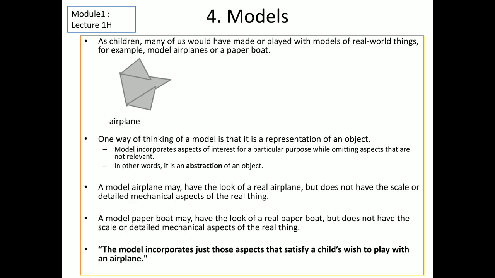This is the paper airplane you might have made in your schools and colleges. You have played with it in the classrooms with your friends. And this is the paper boat you might have made when you were a kid, three, four, five years old, and played with in the rain, in the waters. What were you actually doing? Actually you were making models.